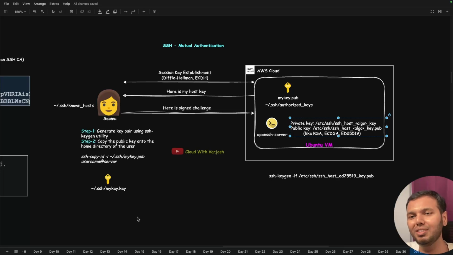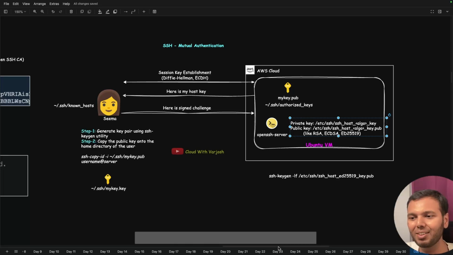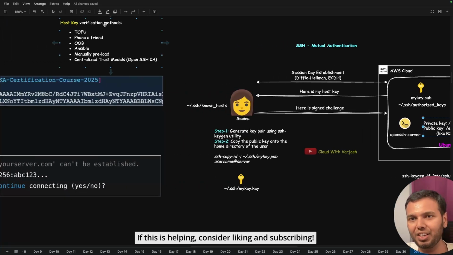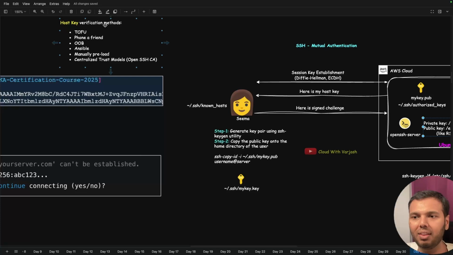Seema has multiple options, so let's see what all are her options. This is the host key verification method, which can be thought of as how Seema can verify that the public key's fingerprint sent by the server is correct.